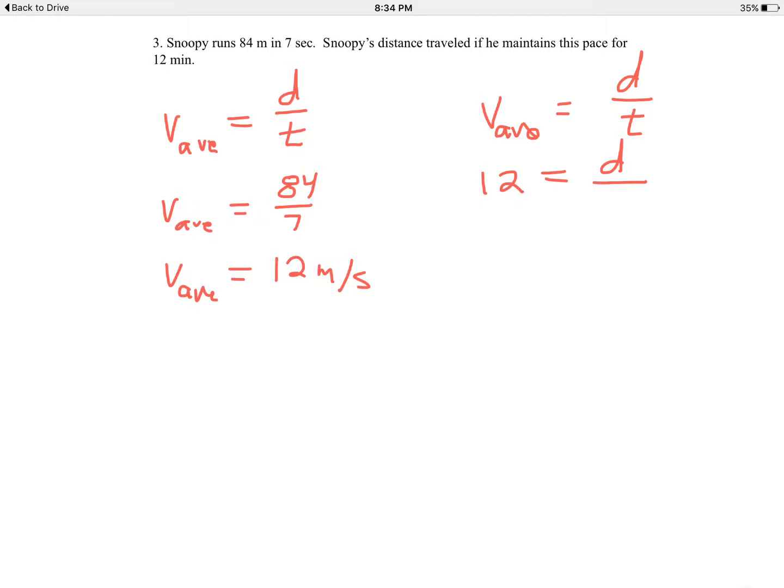Basically take 12 times 60, which is 720 seconds. Because 12 times 60, 10 times 60 is 600, plus 120. All right, now we got to get the distance. So it's going to be 12 times 720. 10 times 720 is 7,200.